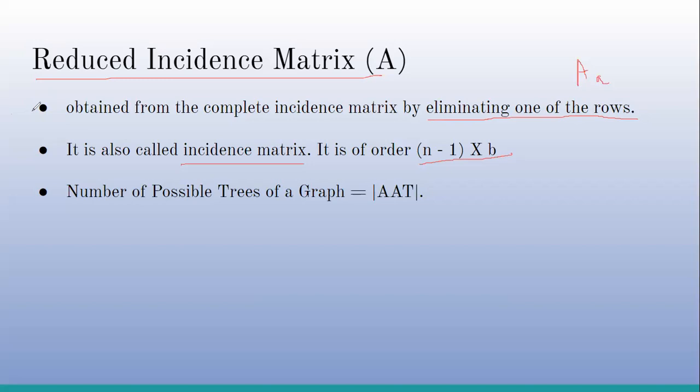So how many trees are possible for a given graph? It is given by the determinant of a matrix. When you multiply a reduced incidence matrix A with its own transpose, and take the determinant of the resultant matrix, that number will give you the number of possible trees for a given graph. So this is the application of our incidence matrix.